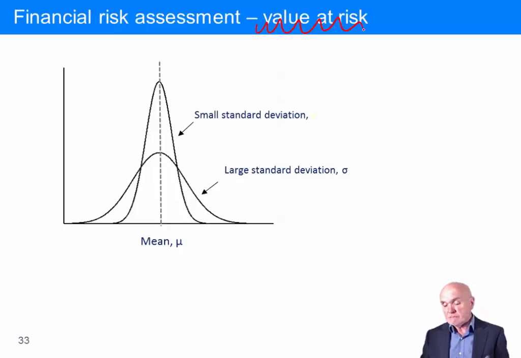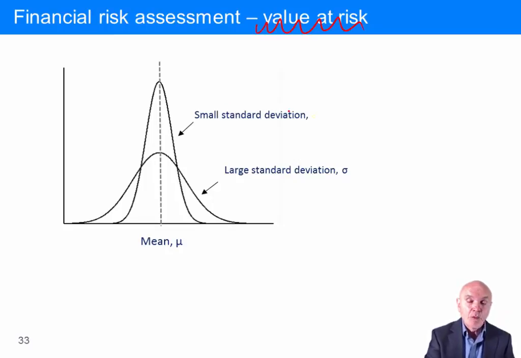in real time, in line with economic expectations. Now, if you have a share which is pretty stable, doesn't go up and down very much at all, this would be this inner one here, a very pointed, narrow curve.